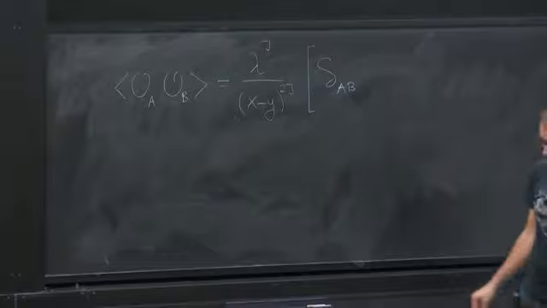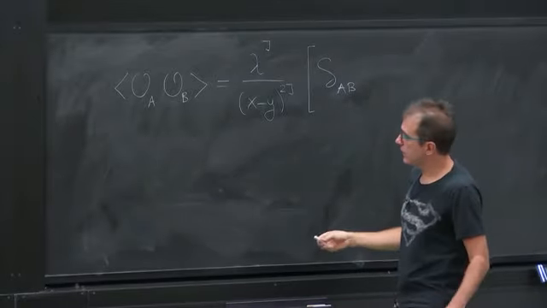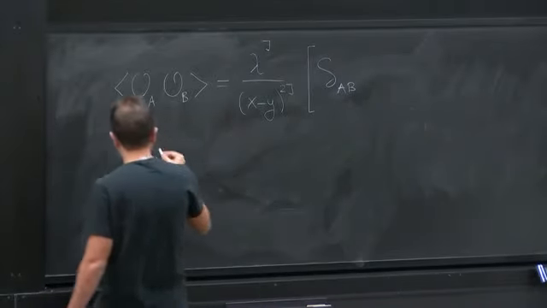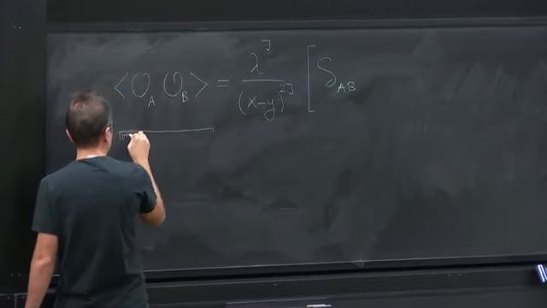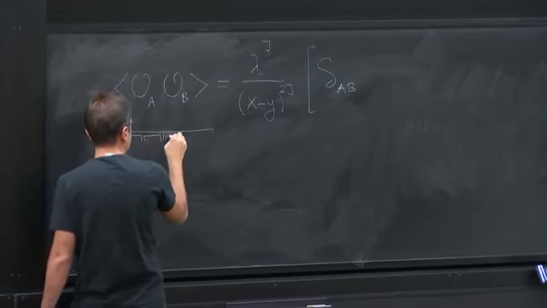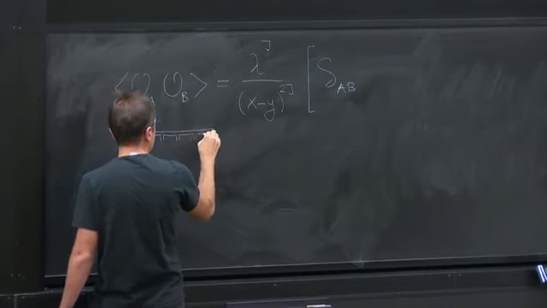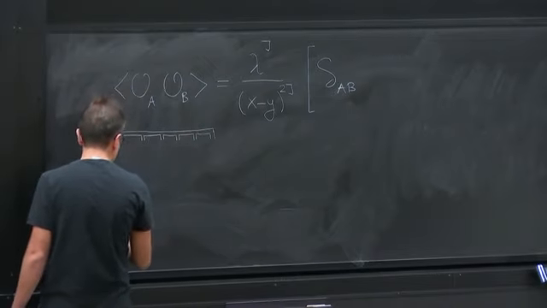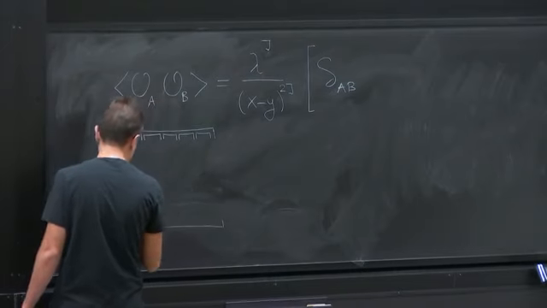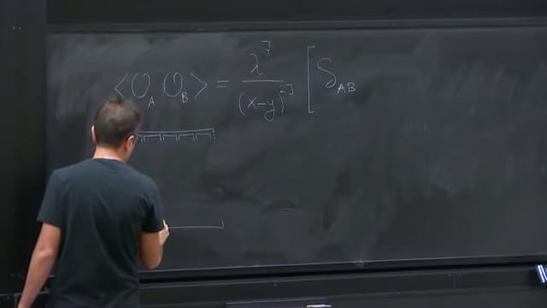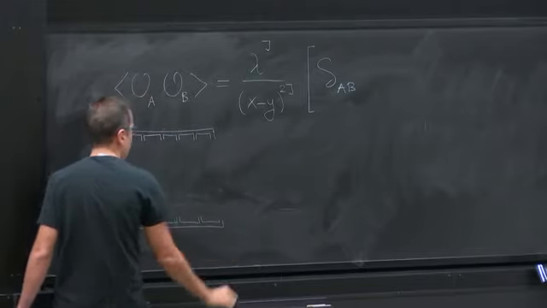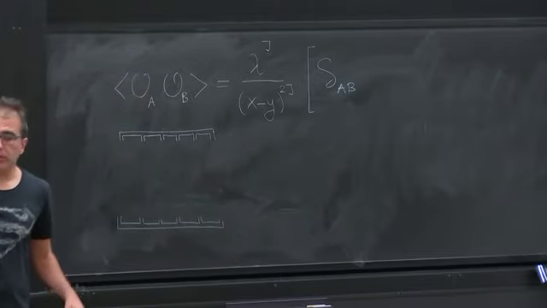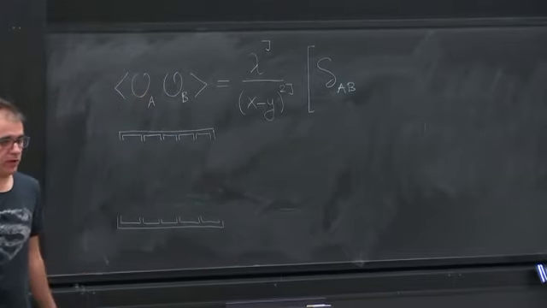Now at loop level, several things start happening. So now at one loop, let's draw what could happen. Again, we have our operator, and here we have the operator at the bottom. At one loop, it means we are going to start using the vertices of n equals 4.